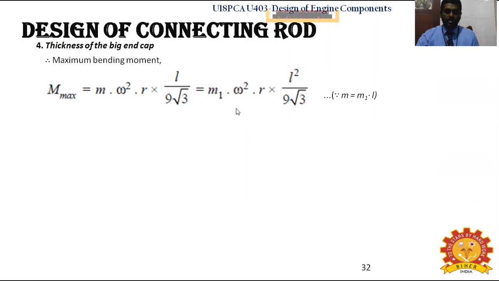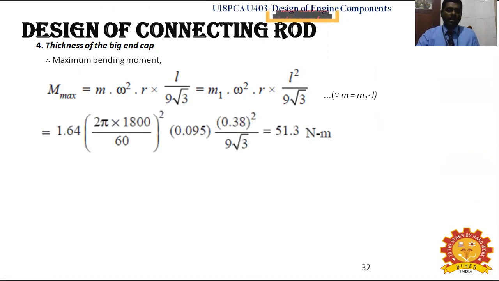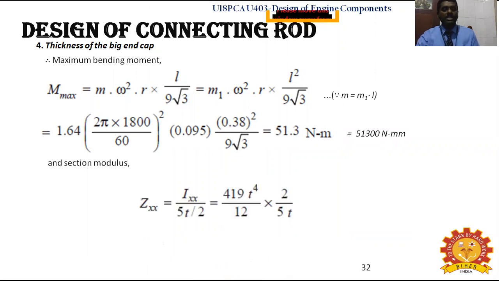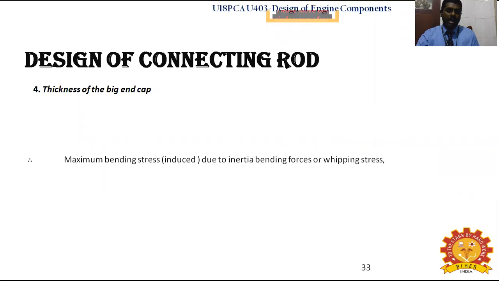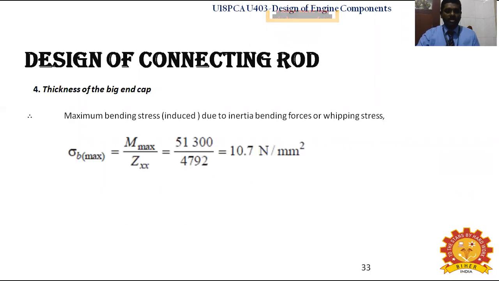By substitution you are getting the Mmax value as 51300 Newton mm, and the section modulus value Zx is equal to Ix by 5t by 2, and by calculation you are getting the Zxx value as 4792 mm cube, and we have maximum bending stress, sigma b equal to M by Zx.